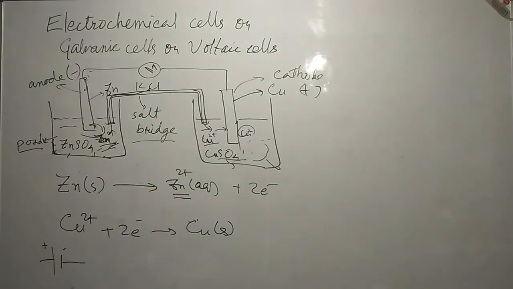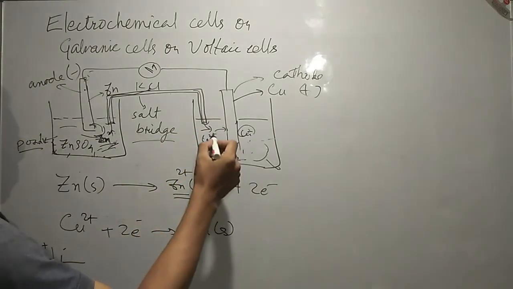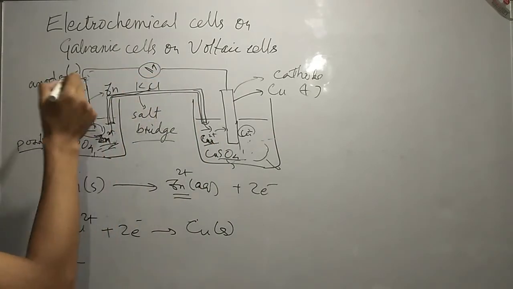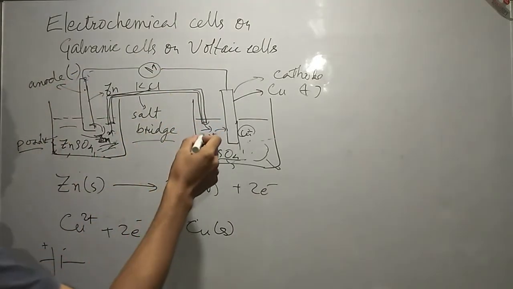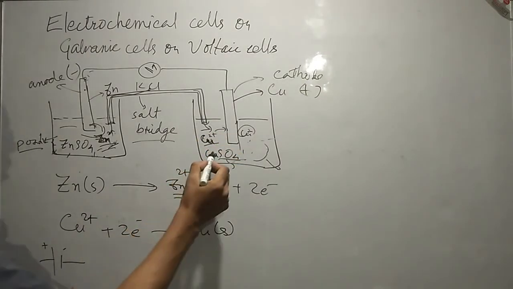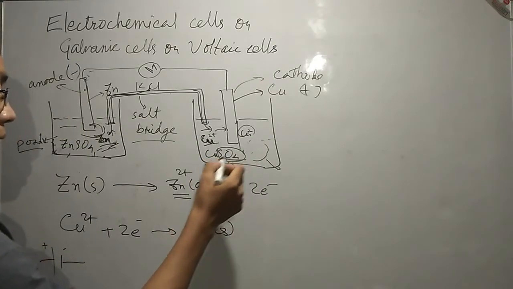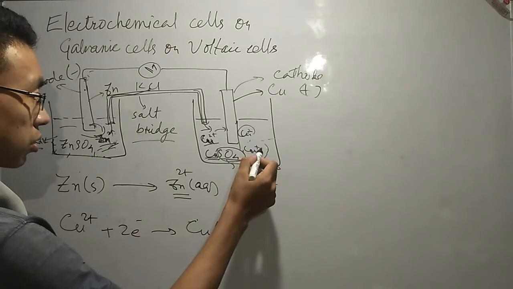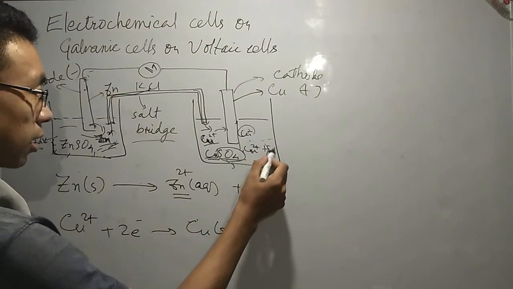Whereas in this case, because of the release of electrons from the zinc rod, the Cu2+ gets reduced to Cu, and therefore there will be more SO4 2-. CuSO4 on dissociation gives Cu2+ and SO4 2-.